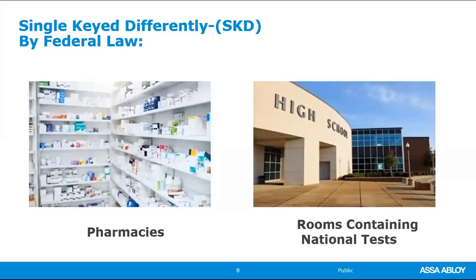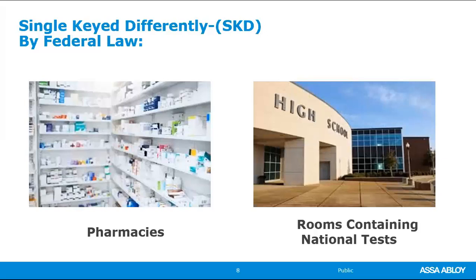It cannot be on the master key system. And at a certain point, I'd have to go back and put it back on the master key system. Well, that's when they would receive tests in. While the tests were being housed in that room, by federal law, that could no longer be on the master key system. Something to keep in mind.